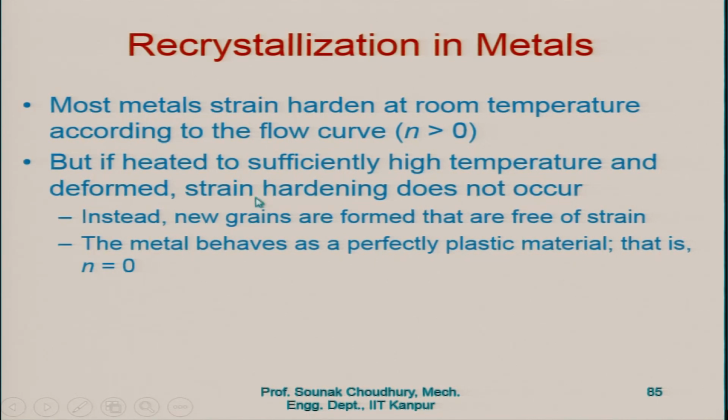So, this is a very interesting phenomenon, that when at a sufficiently high temperature the metal is heated up and then deformed, then the strain hardening does not occur. Okay. Instead, new grains are formed that are free of strains. Okay. Normally, the metal behaves as a perfectly plastic material. This is that strain hardening is 0, because it has been heated up to a sufficiently high temperature. All right.